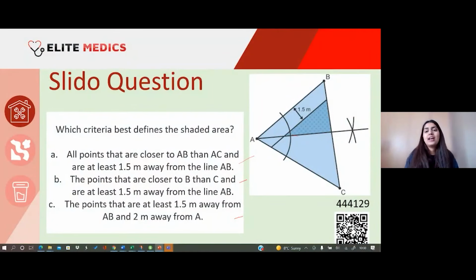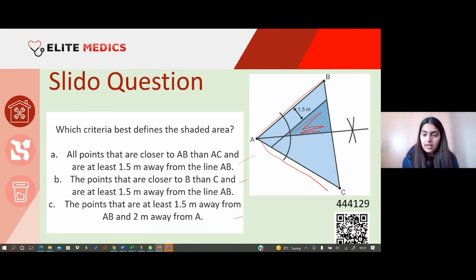Okay, so let's go through why this is the answer. First of all, let's read each of the statements. All points that are closer to AB than to AC and are at least 1.5 meters away from the line AB. We'll look at AB and AC, and yes, that is true, because all of these points here are closer to AB than they are to AC because there's such a huge difference between AB and AC.